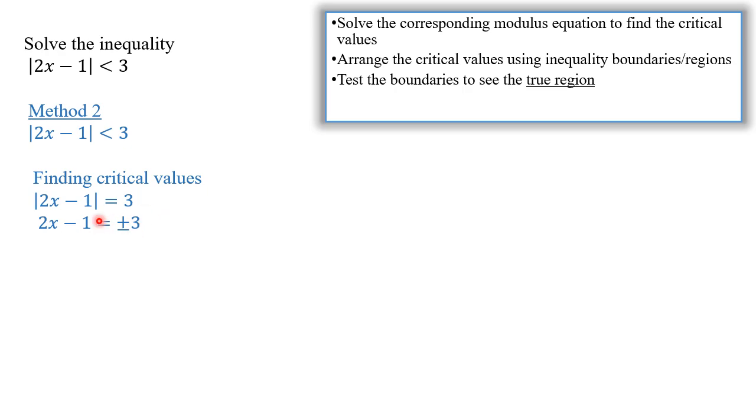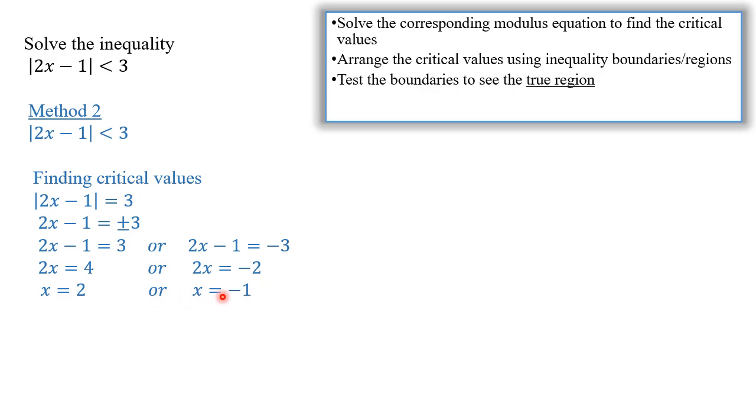So we can solve this equation for x here. So we are going to have 2x minus 1 is equals to 3, or 2x minus 1 is equals to minus 3 here. So we solve for x. So we are going to have 2x is equals to 4, or 2x is equals to minus 2 here. Then x is equals to 2, or x equals to minus 1 here.